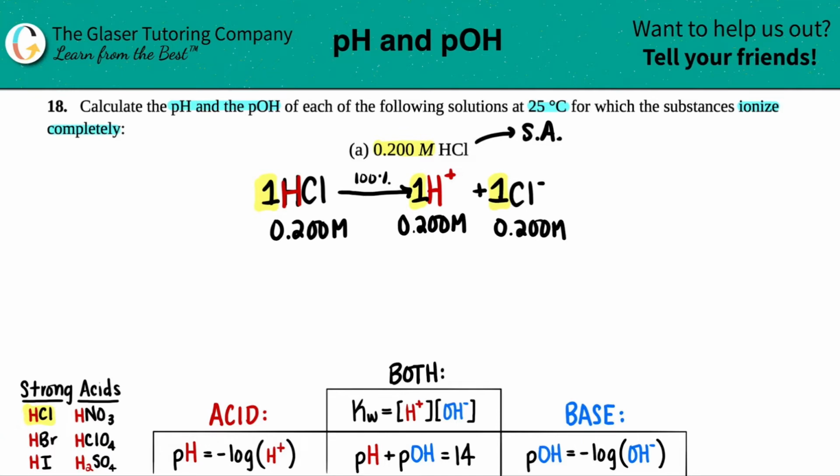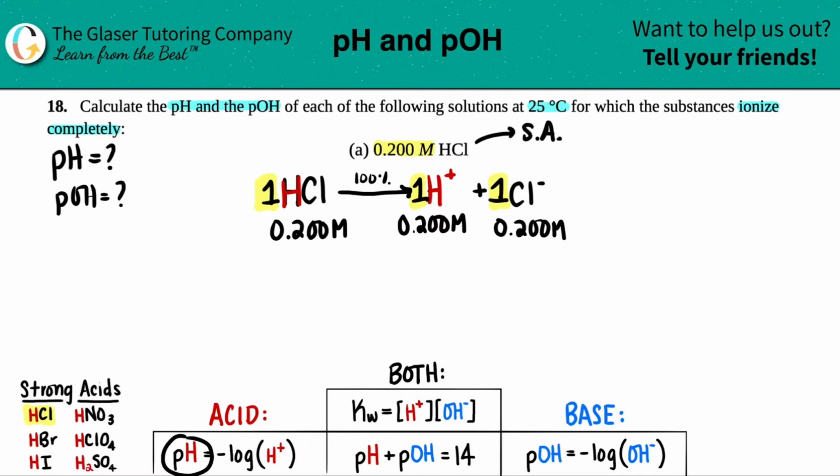Now remember, we're only looking for the pH and the pOH. So I say to myself, okay, I need to know the pH and I need to know the pOH. So now these acidic and basic questions, right, equations come to play. Here is acid land, right? Here is my equation that only has the acidic components.